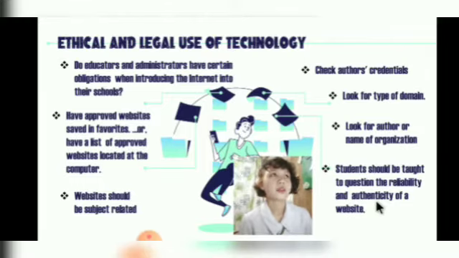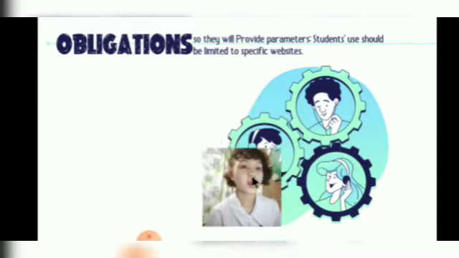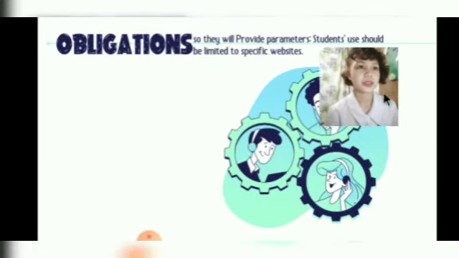So they are guided, so it is much safer for them to surf, to explore the internet, because they are well educated, they are well taught by the teacher. No obligations, so they will provide parameters. Students should be limited to specific websites.